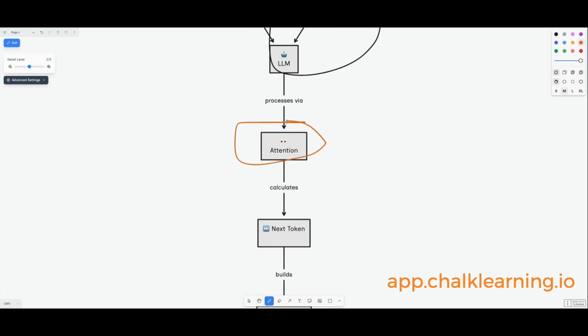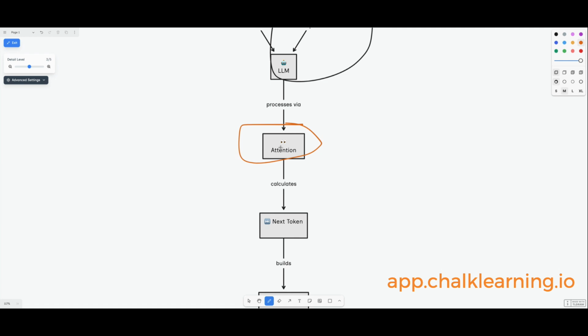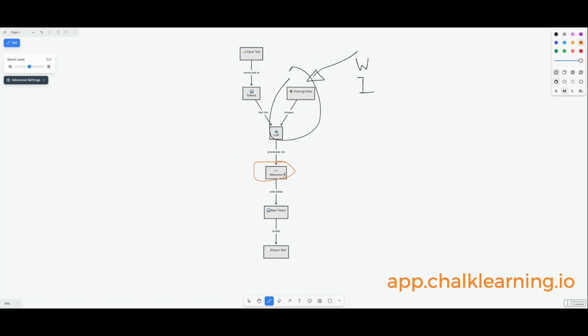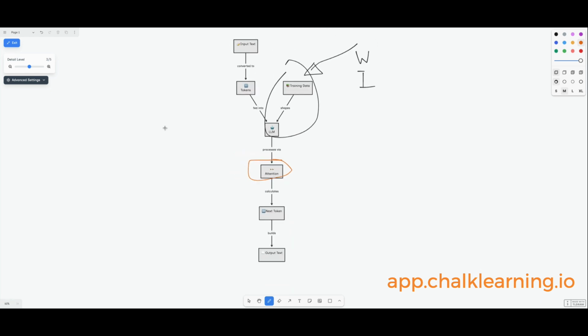So large language models have an aspect of their architecture which is called self-attention, which means they can pay attention to some words more than others. So that attention mechanism is really important in enabling the large language model to accurately predict the next token.